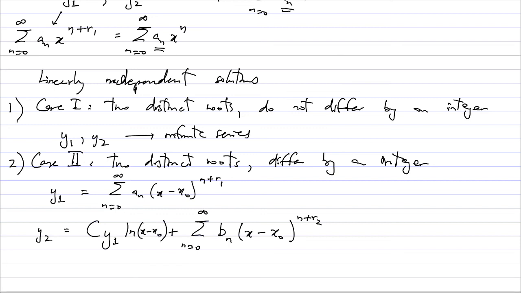So you have a logarithmic term in your solution as well. This logarithmic term can be 0. It can turn out that this capital C is 0. Then the second solution is also of the form of an infinite series.